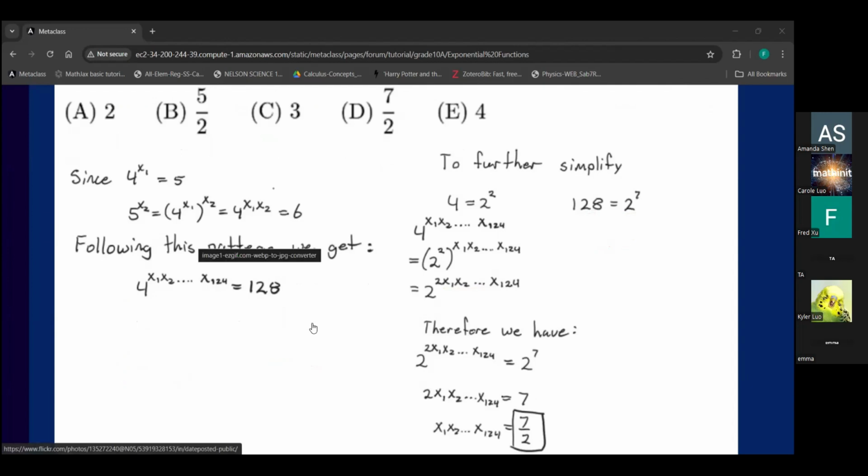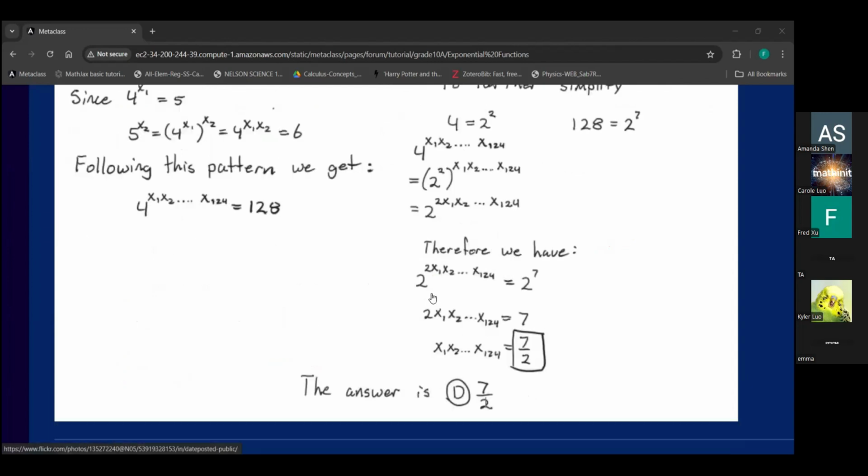So we have here, therefore, 2 to the power of 2 times x1 x2 all the way till x124 is equal to 2 to the power of 7, right? Since we have 2 as the base for both, that means that the two exponents must be equal. Okay, so once again, same exact thing as the previous question.